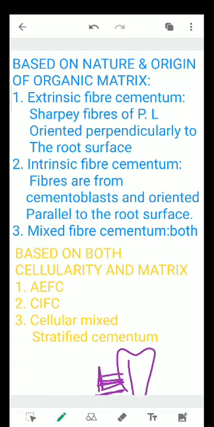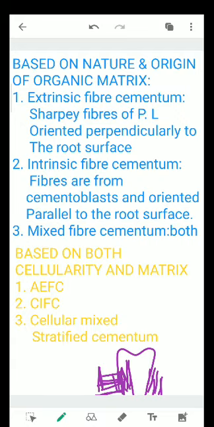But for the intrinsic fibers, these fibers run parallel to the root surface, you get. So look at this other side. These are the intrinsic fibers, coming from the cementoblast, right? That's why it's called intrinsic. Now I could also have the mixed fiber cementum, where both intrinsic and Sharpey fibers exist.